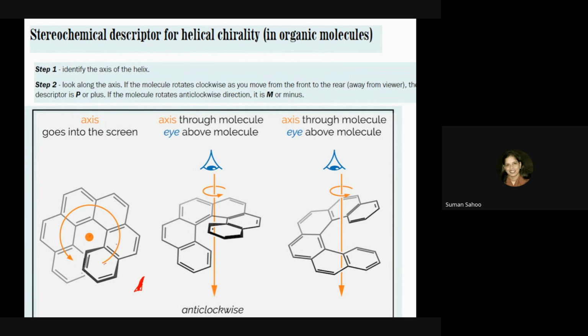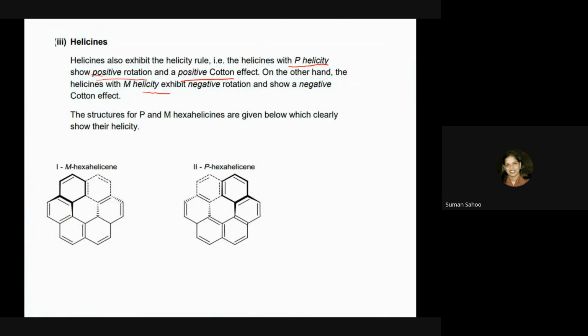If you start from here, you see the rings are going in an anti-clockwise direction. If it is going in an anti-clockwise direction, then that is M. If it is going in a clockwise direction, suppose this is our front ring, when we go from this to the other rings, that path traces a clockwise direction. That's why that is P.